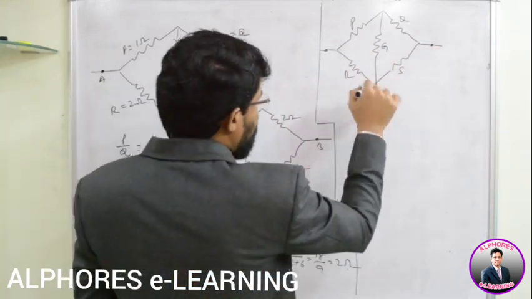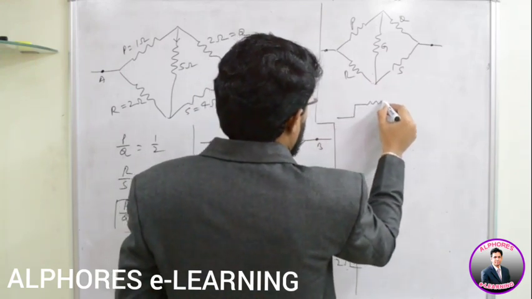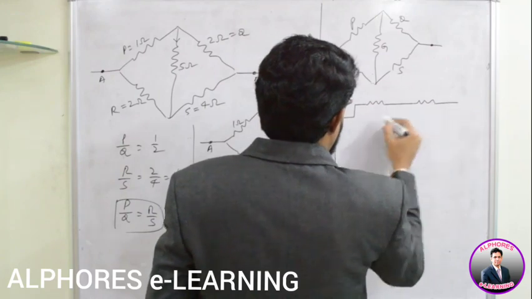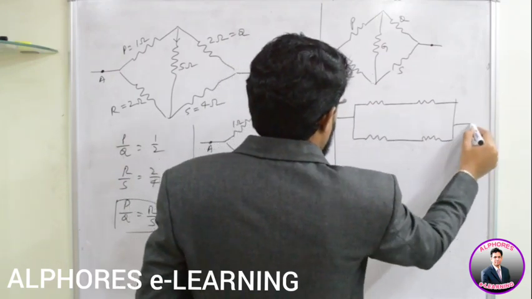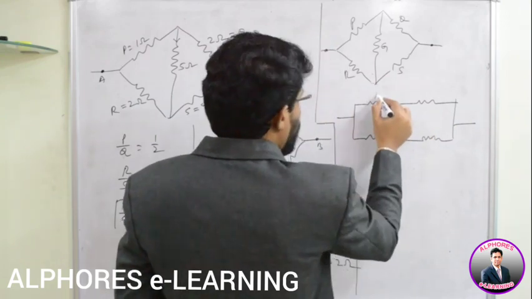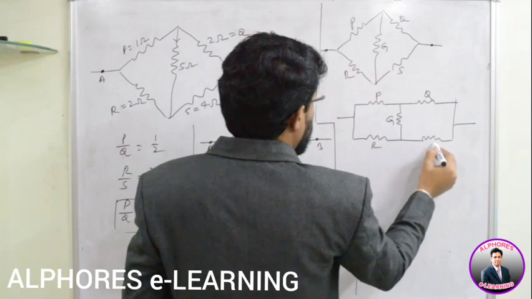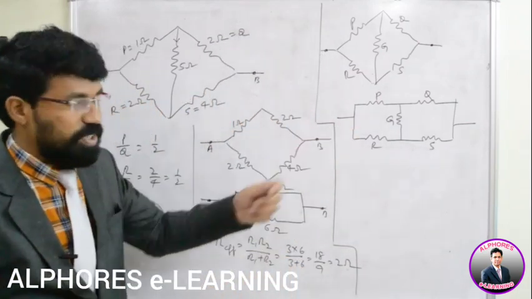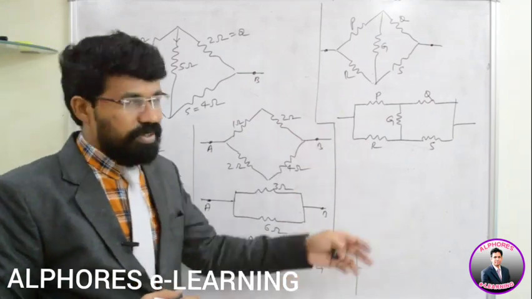So the same diagram can be drawn like this also. P, Q, G, and this is R, this is S. That's how you can draw. This is also Wheatstone's bridge only.